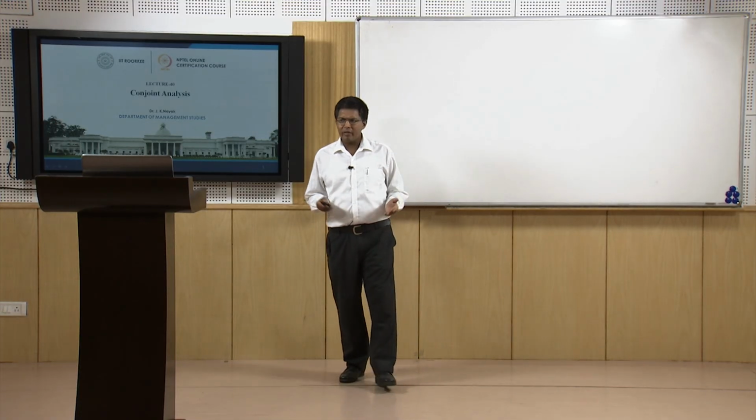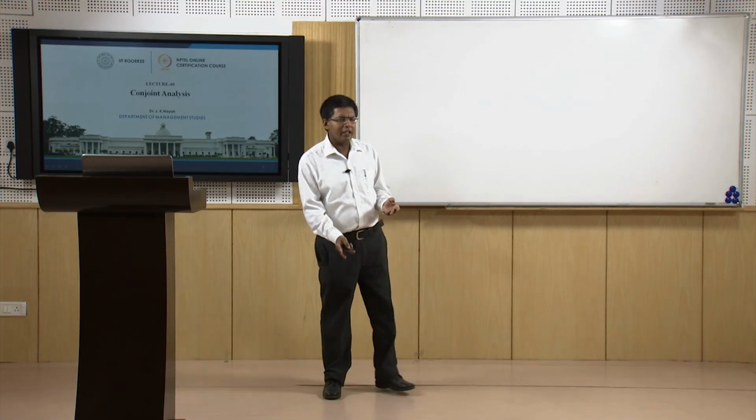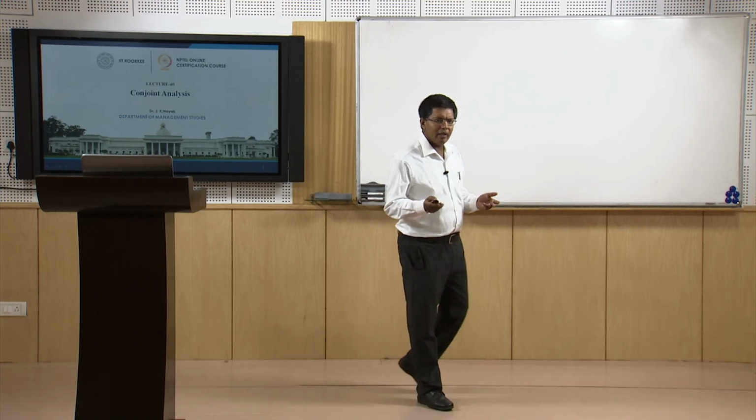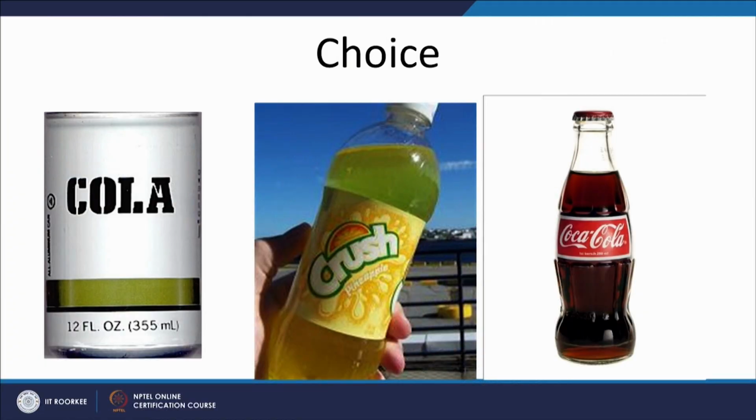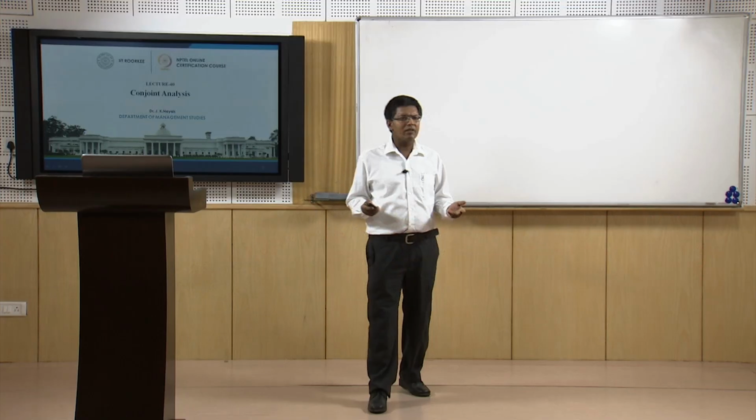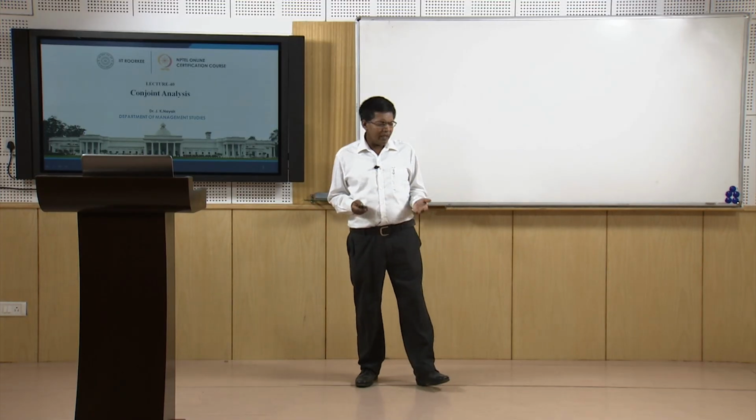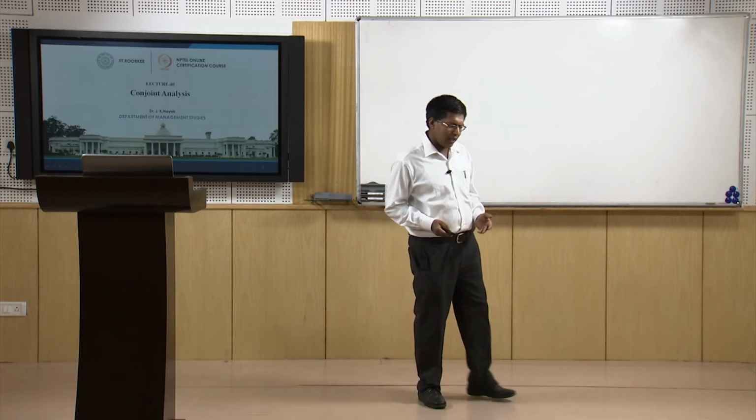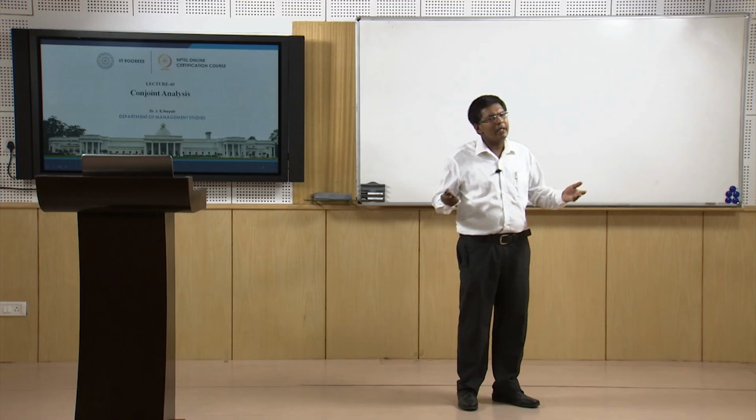Now, there is a choice. For example, let us say there are 3 colas available in 3 different packs, and there are 3 different price levels, maybe the quantity is different. When a customer decides to buy, how does he make his choice?